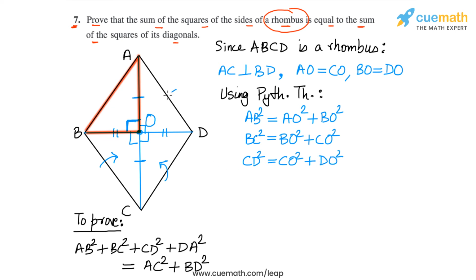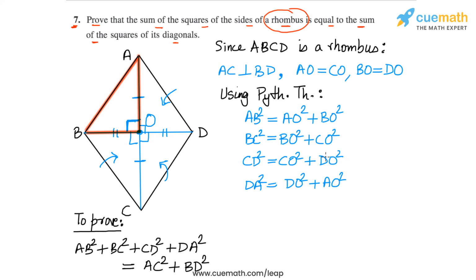And then finally for this fourth right angle triangle, we will have DA square equal to DO square plus AO square. So now we have these four equalities that we have written using the Pythagoras theorem.